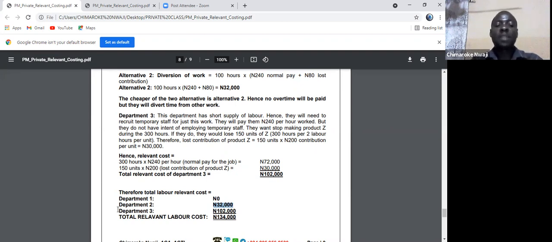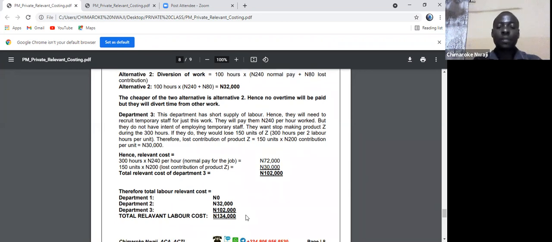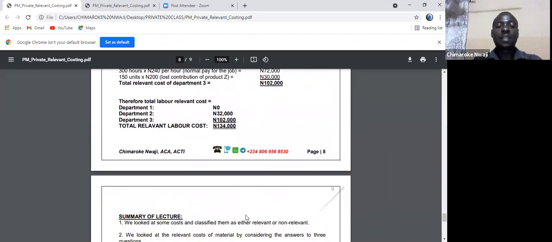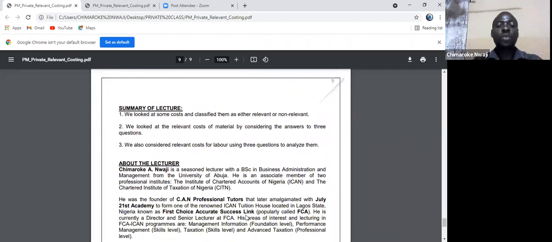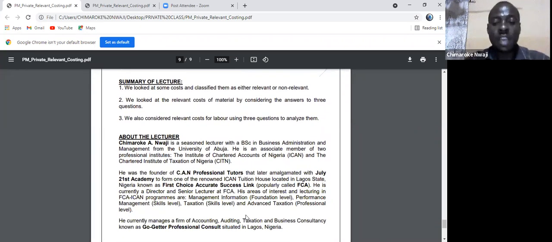And this Department 3 is what we just considered now. 102,000 is also when you stop making a product, divert the time to make this project. Everything here gives us 134,000. So that's it. So far so good.